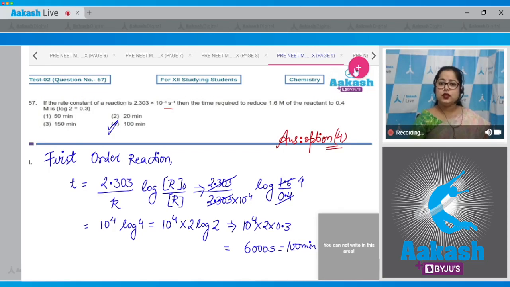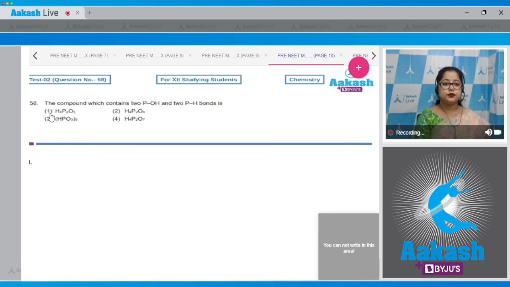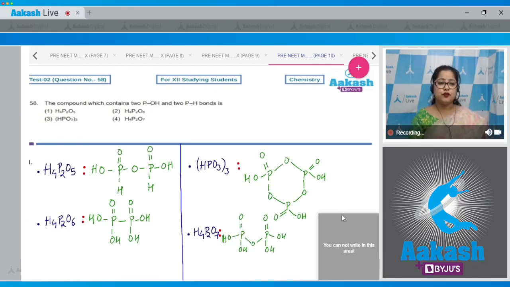Right? So moving to the next question, students, which is question number 58. Let's read it. The compound which contains 2 P-OH and 2 P-H bonds is. Students, in this question we are given 4 oxo acids of phosphorus and we have to identify that particular oxo acid which has 2 P-OH bonds and 2 P-H bonds. And for this, first of all, we have to draw the structure of all the given oxo acids, right? So let us draw. So student, these are the structures of the given 4 oxo acids in the question.